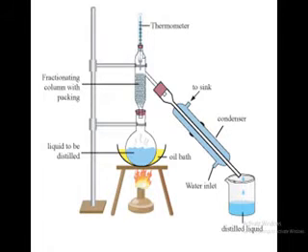According to past paper questions, a point to ponder is the position of the thermometer: the bulb should be very close to the mouth of the condenser. They also usually ask what the purpose of the glass beads is. Glass beads are placed in the fractionating column to provide a large surface area for vapors to condense on. And the condenser is attached to this fractionating column to condense the vapors coming from here.